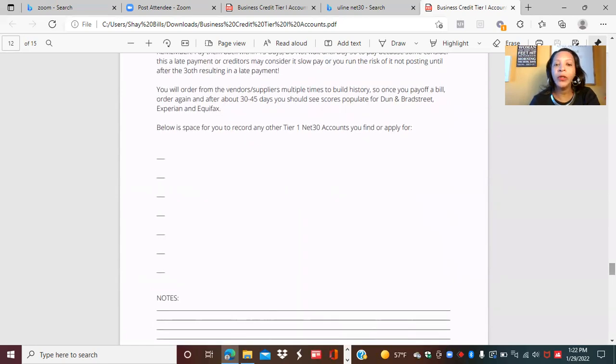You will order from a vendor or supplier multiple times to build history. So once you pay off a bill, order again. Once you pay that off, order again. You're going to keep doing this all the time, okay? It's not just going to stop, where you purchase something and pay it and you think that's going to build business credit.